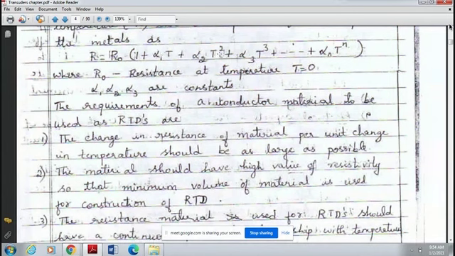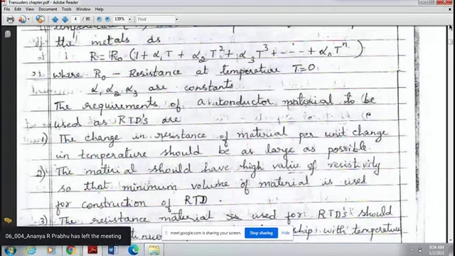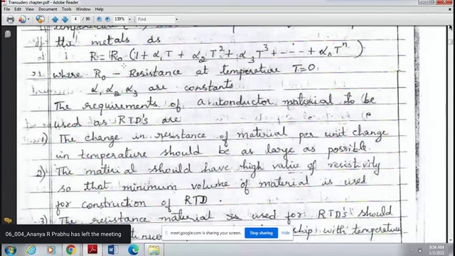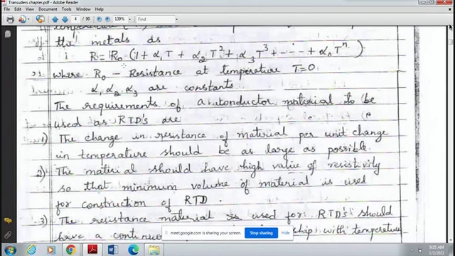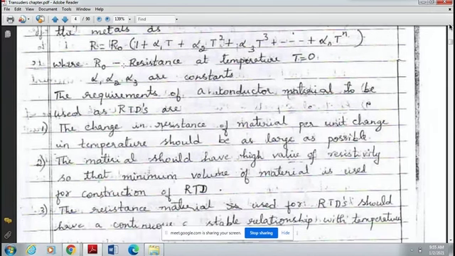Similarly, the second change in the temperature, the third change in the temperature, and so on if the temperature keeps changing. That will be multiplied by the resistance at temperature 0. After simplification, whatever value we get will be the resistance of the conductor which is used for measuring the temperature in the case of RTDs. RTD means resistance temperature detector.